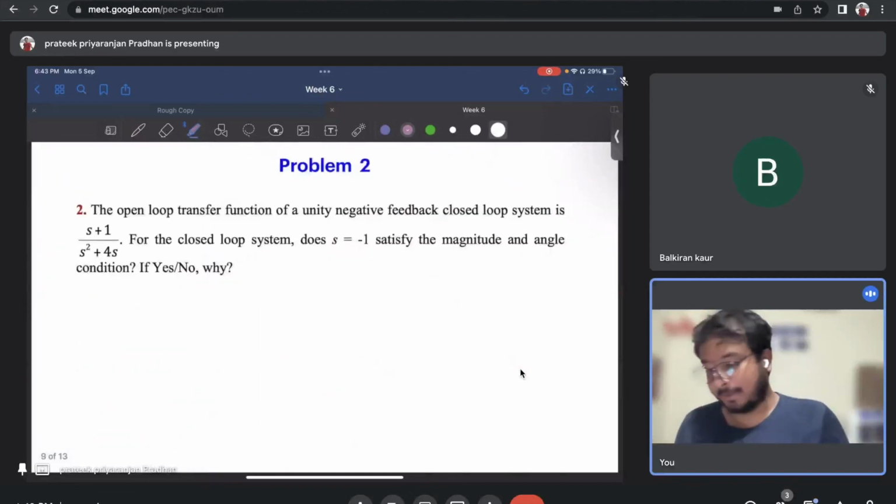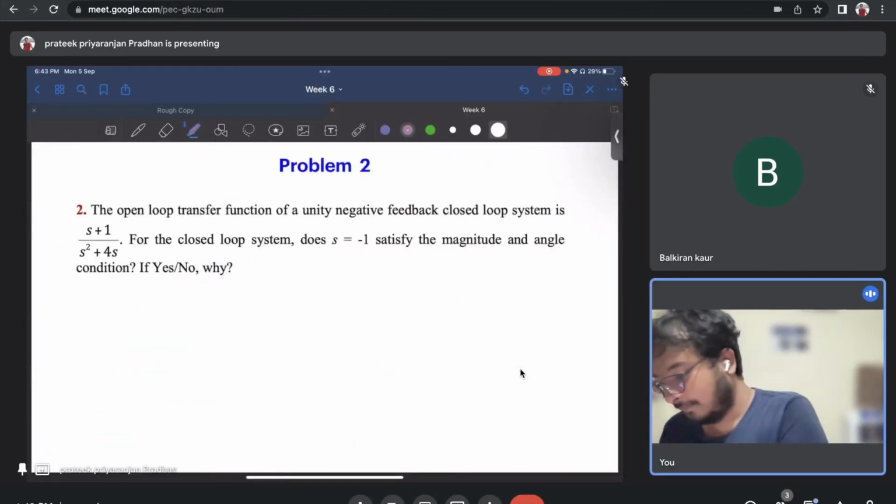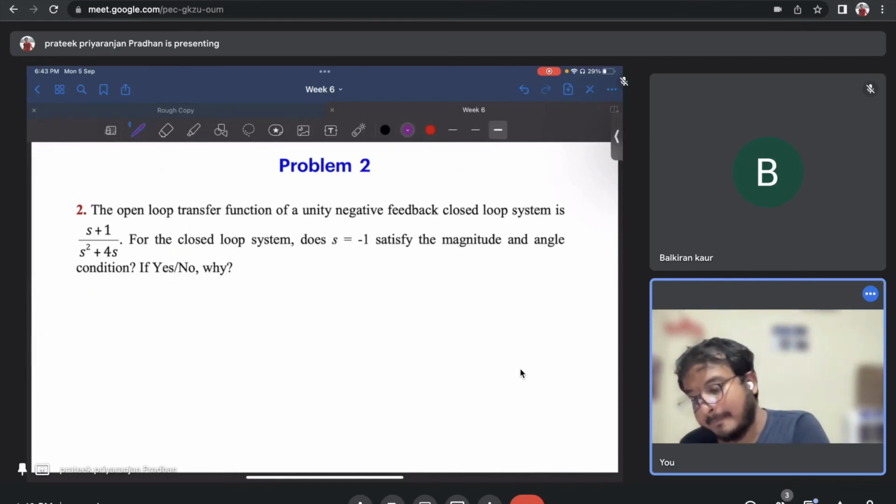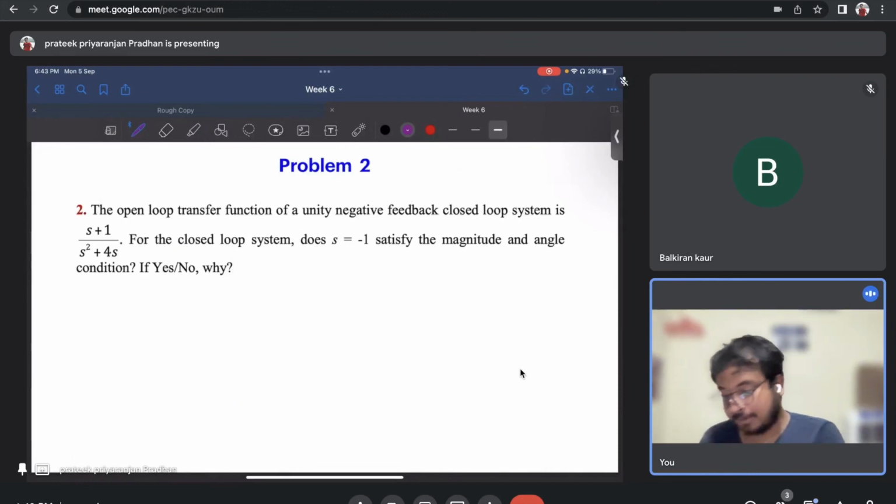Okay, next come to the last question of the day. The open loop transfer function of a unity negative feedback closed loop system is this. For the closed loop system, does s equal to -1 satisfy the magnitude and angle condition?